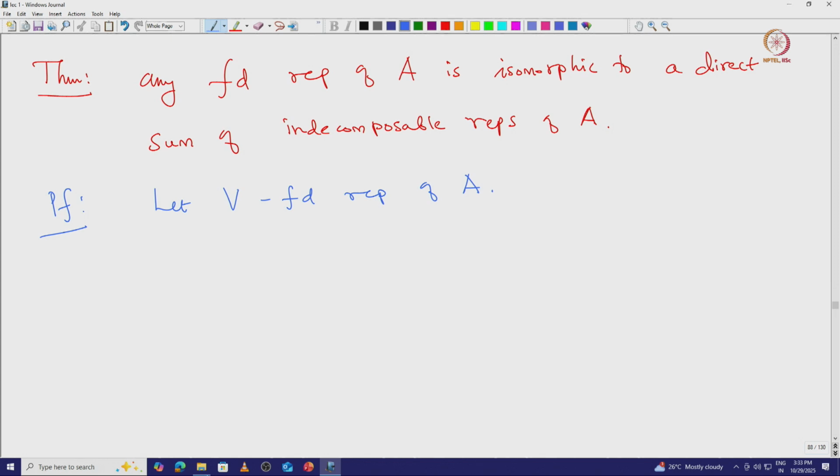or if it has dimension 1, then it must be indecomposable, and again we do not have anything to prove. So, if V is either 0 or indecomposable, there is nothing to prove.